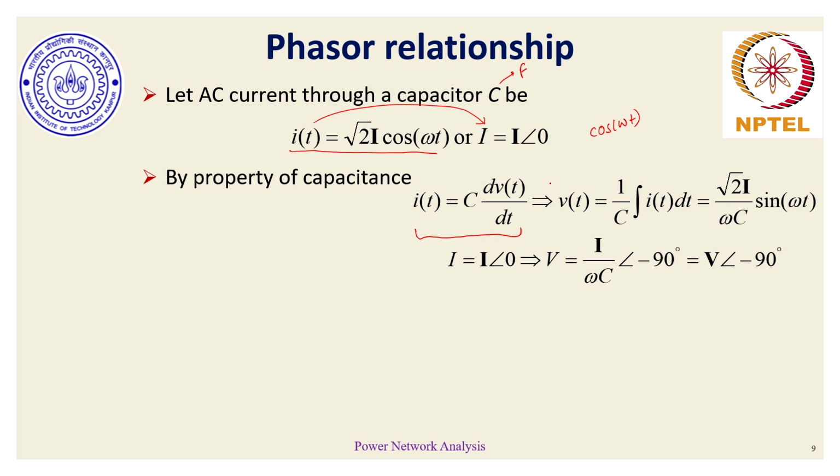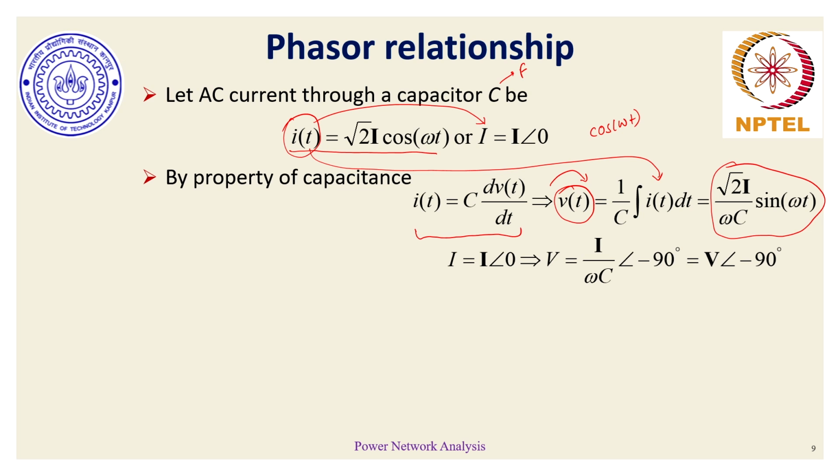Now this equation can always be rewritten into the integral form, and if we use this small i of t, which is defined over here, and put it in and take the indefinite integral, assuming the integration constant to be 0, we have V of t, the time domain voltage, as root 2 I by omega C into sine omega t.